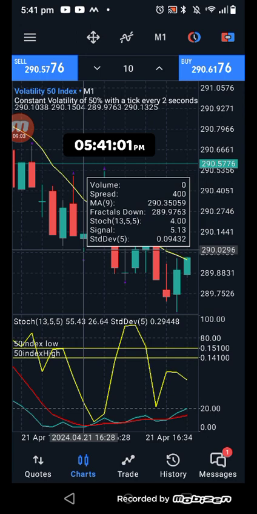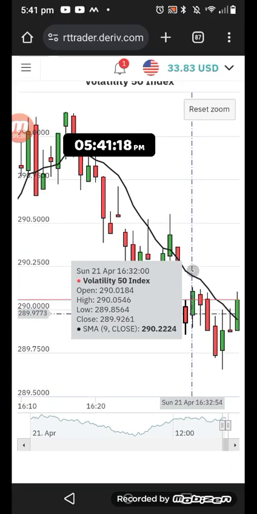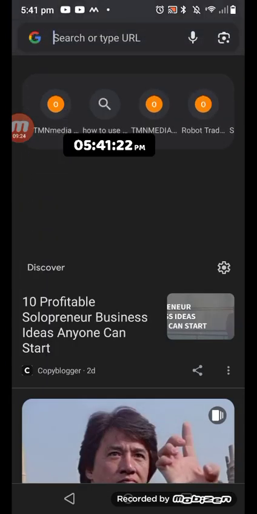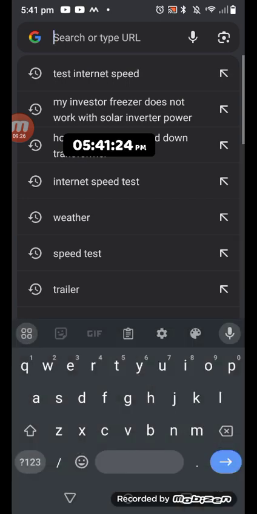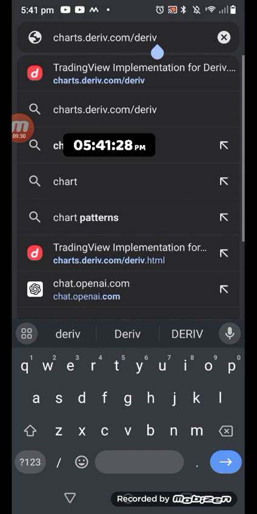Try and use it on charts.deriv.com. That's TradingView. You'll be able to do that on TradingView, even on your phone. Let me use the opportunity to show you what I'm talking about. You just go to charts.deriv.com, Deriv charts on TradingView, and you will get the same like this.